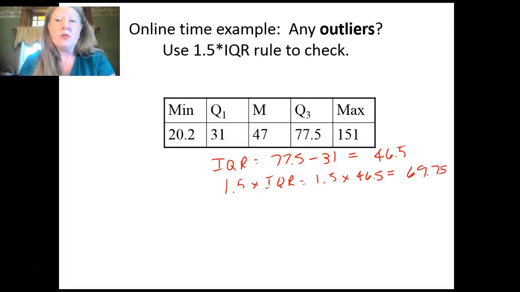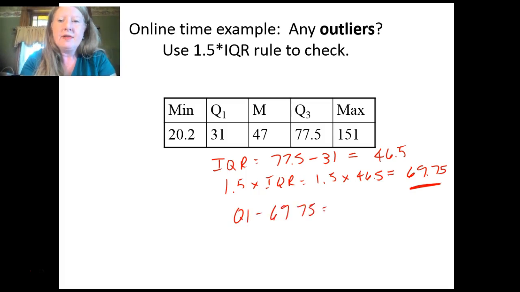Then we take this number, add it to quartile 3, and subtract it from quartile 1 in order to see if there are any values that fall outside of this new range. So quartile 1 minus 69.75 equals 31 minus 69.75, and that's going to equal negative 38.75.